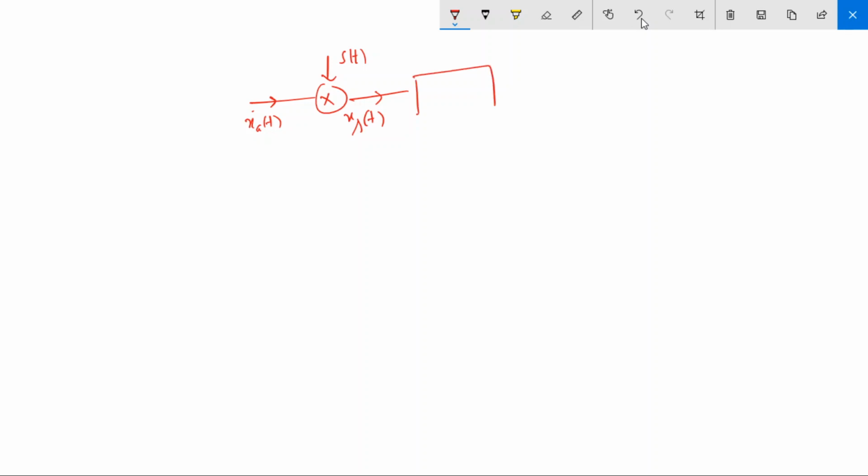Now I am passing this through an ideal low pass filter, and I am getting the reconstructed sequence. Okay, so this low pass filter has a frequency response like this, with cutoff frequencies omega s by 2 and minus omega s by 2.